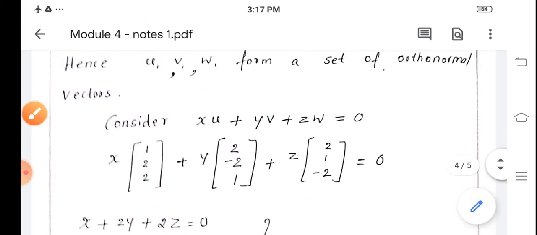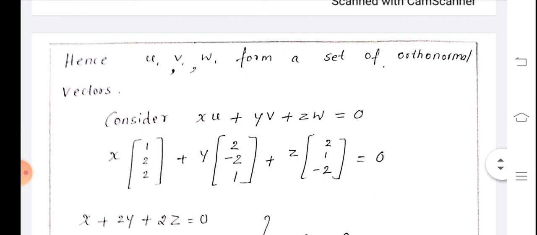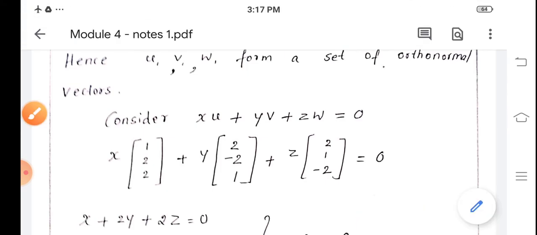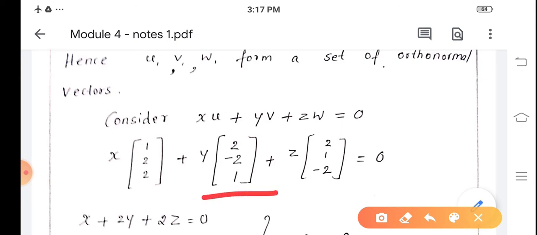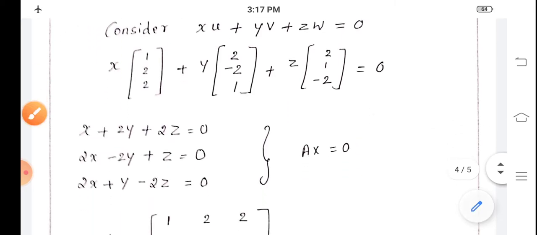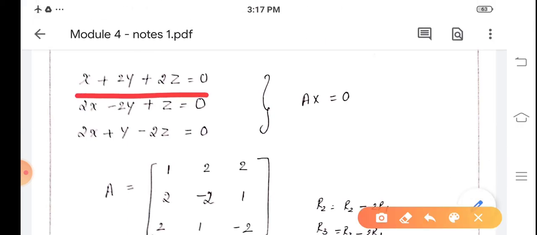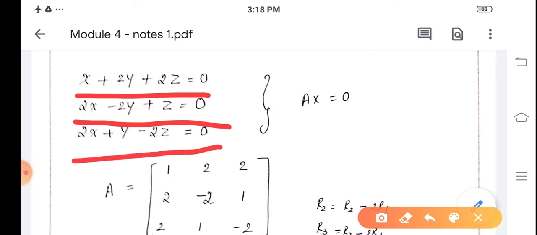That is x into vector u, (1, 2, 2), plus y into vector v, (2, -2, 1), plus z into vector w, (2, 1, -2), equal to 0. Now if I write the system of equations, that is x plus 2y plus 2z is 0, 2x minus 2y plus z equal to 0 and 2x plus y minus 2z equal to 0.